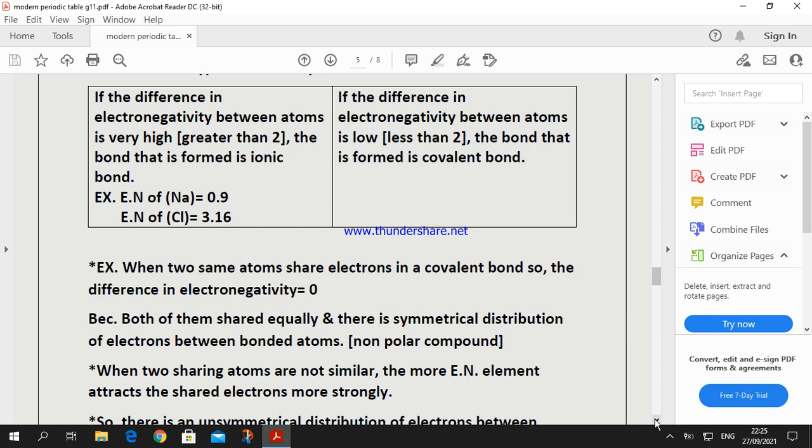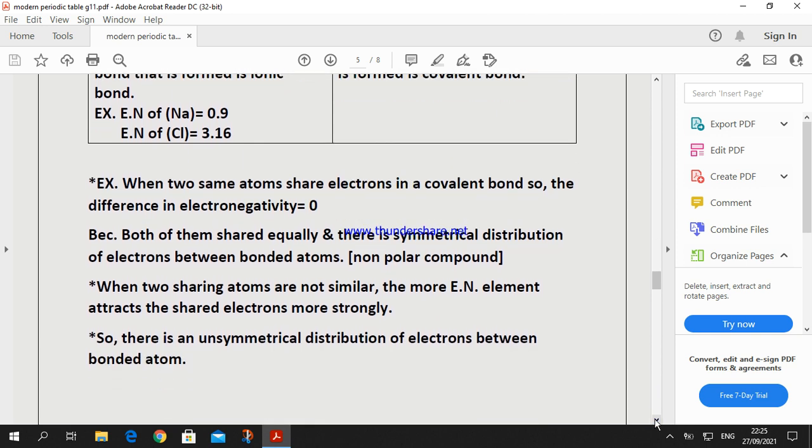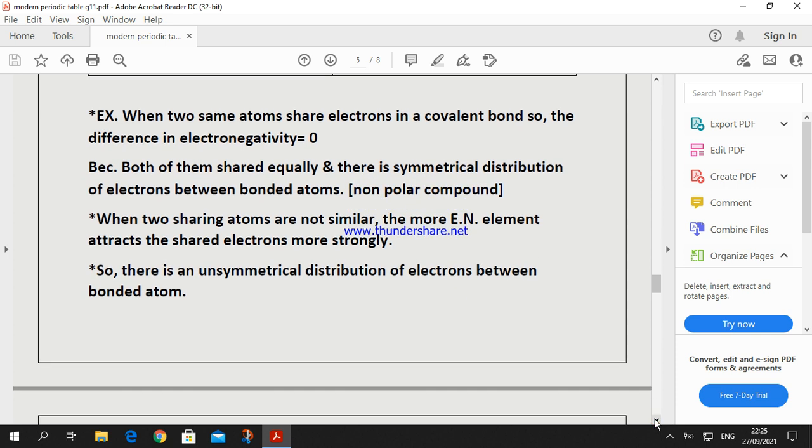Both of them share equally and there is a symmetrical distribution of electrons between them. And when the two sharing atoms are not similar, the more electronegative element attracts the shared electrons more strongly, and it forms an unsymmetrical distribution of electrons between the bonded atoms.